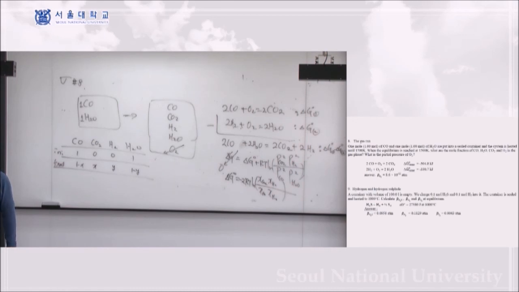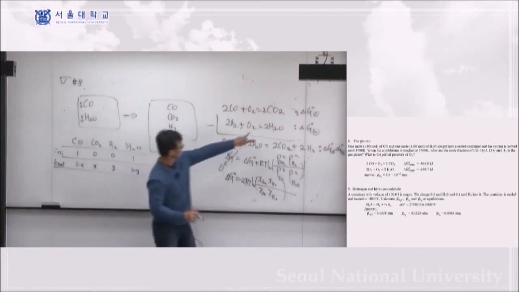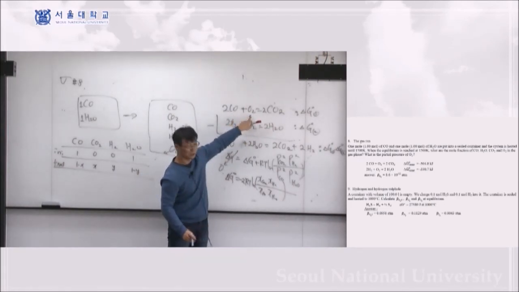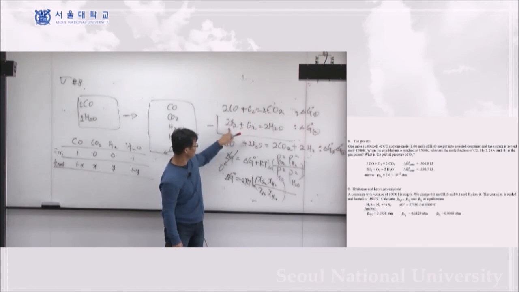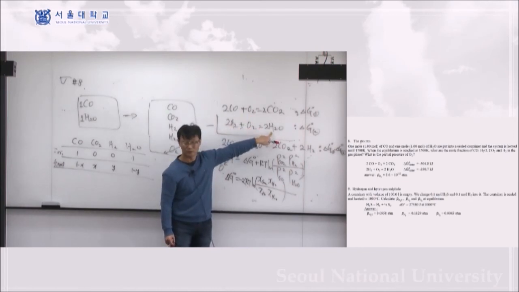I don't think it is same. Anyone? It should be same? It makes sense? This produces this one. During that, it will produce 1 mole of oxygen. And that 1 mole of oxygen should react with this one to produce this one. Does it make sense?